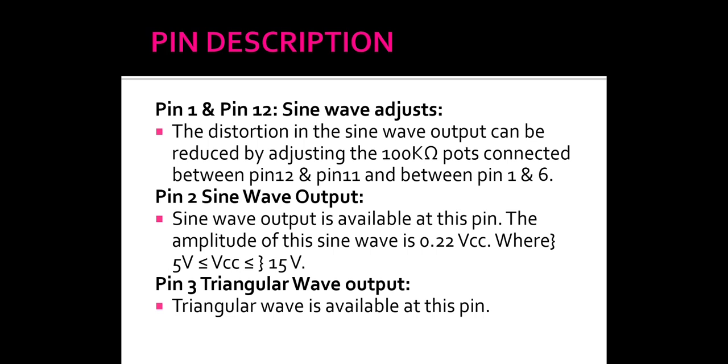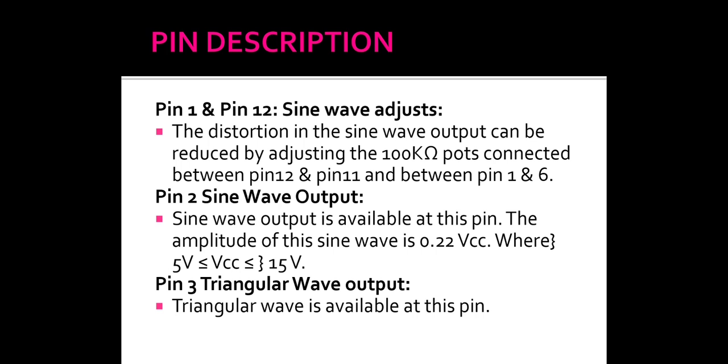I already told you, pin numbers 1 and 12 are for sine wave adjust. Sine wave adjust means if the sine waveform has a distortion in the output, it has to be adjusted by connecting a pot or potentiometer between the terminals 12 and 11 and between the terminals 1 and 6.